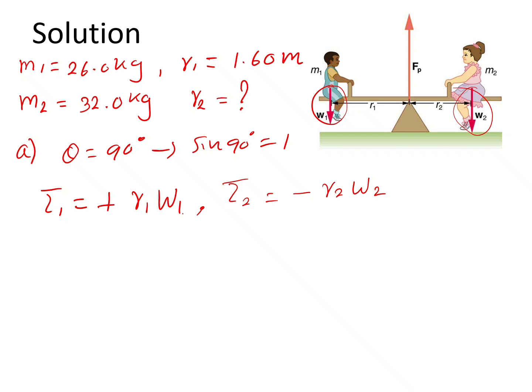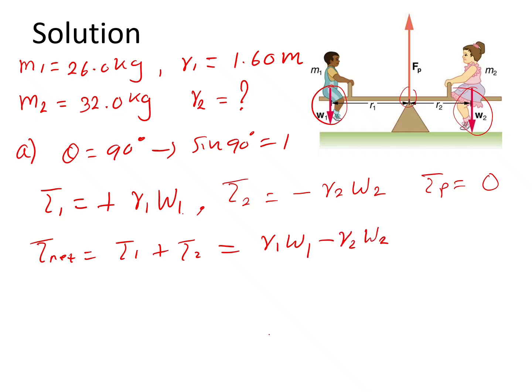The torque from the pivot point force is 0 because the lever arm is 0. Now the net torque is torque 1 plus torque 2, that is R1 W1 minus R2 W2. And this has to equal 0 for torque equilibrium.